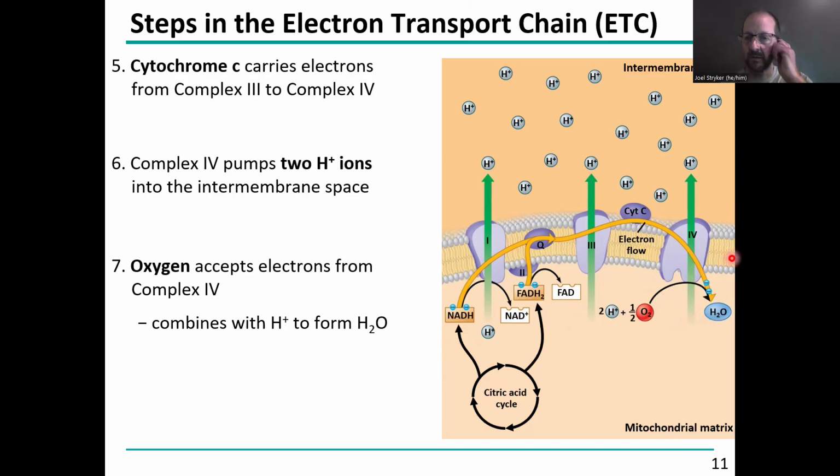So even though this doesn't pump 4 out, it still gets rid of 4 from the inside. So basically each of these steps is getting rid of 4 from the inside, and the first 2 steps are putting all 4 of those outside, whereas this last one's only putting 2 outside. All of it, though, ends up creating this gradient where you have a high concentration on the outside and a lower concentration on the inside.